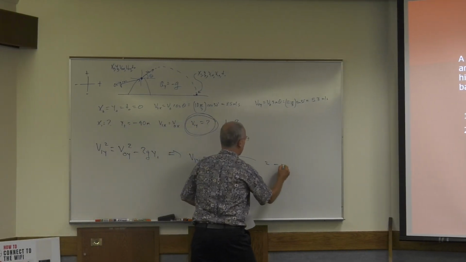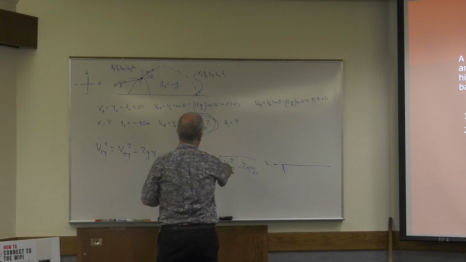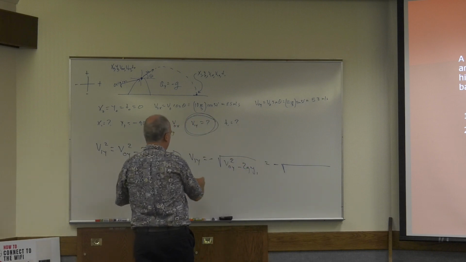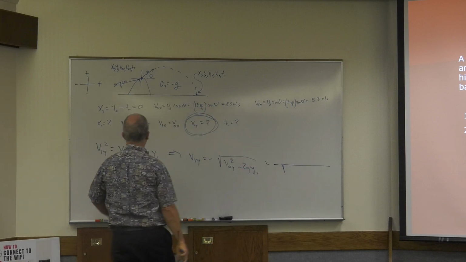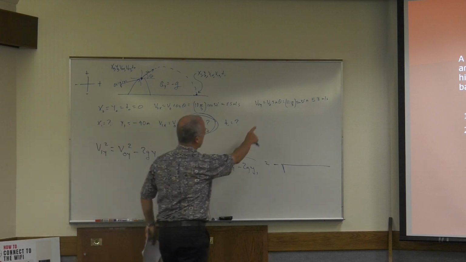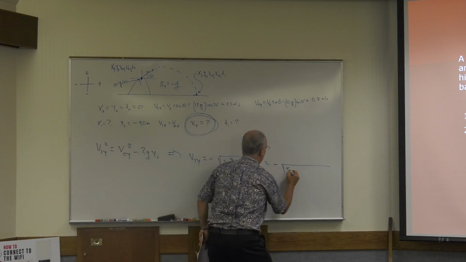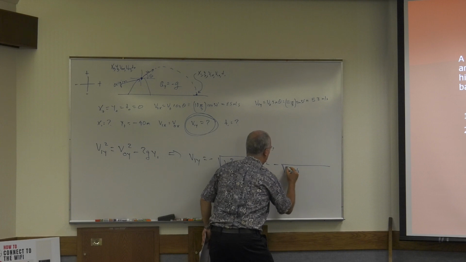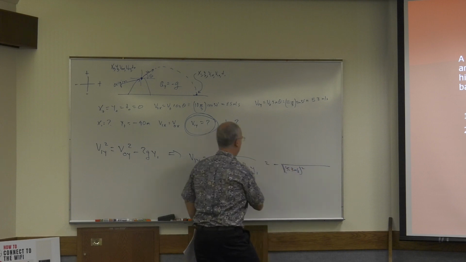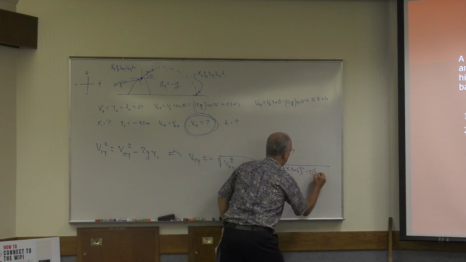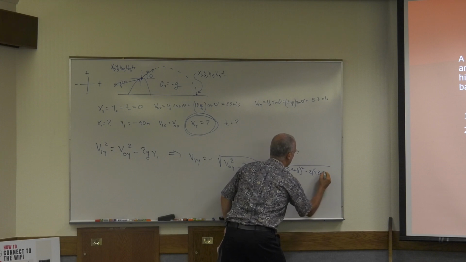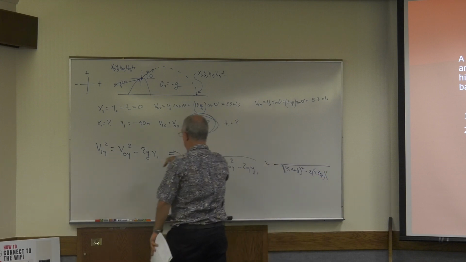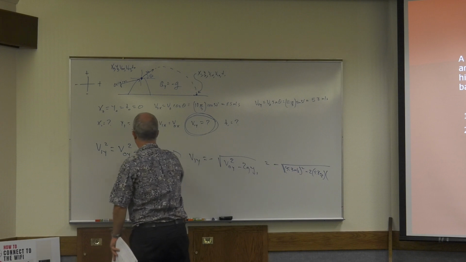So minus the square root of, now look, everything we need is right in front of us. v0 is 5.3 meters per second, squared, minus 2g y1. Where's y1? Minus 40.